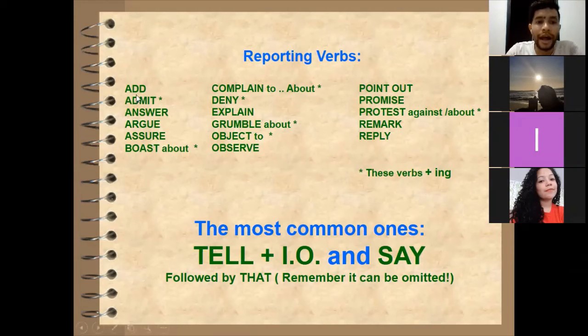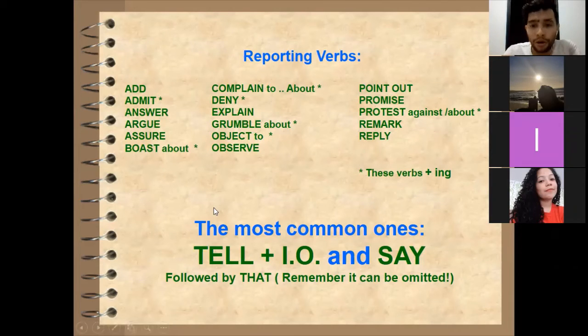So they are admit, answer, argue, assure, boast about, complain to or complain about, deny, explain, grumble about, object to, observe, point out, promise, protest against or protest about, remark, and reply. Now, as you can see, some of these verbs have a mark, a pound sign there. It means that these verbs are used with the ing form. I'm going to give you some examples at the end.